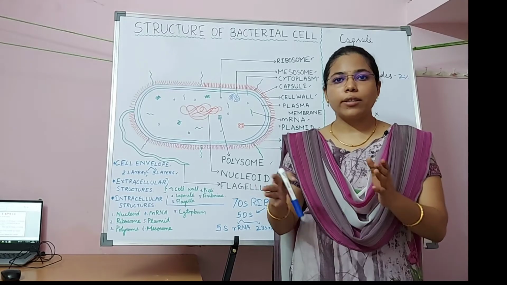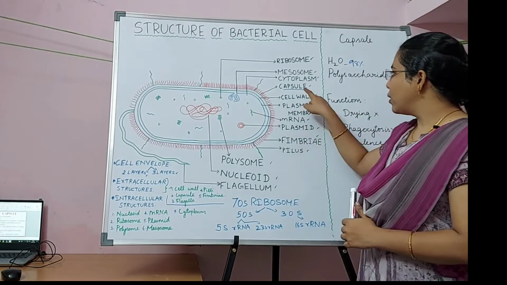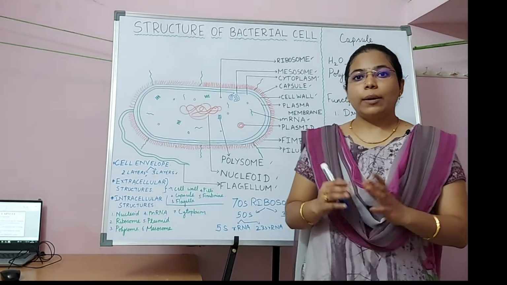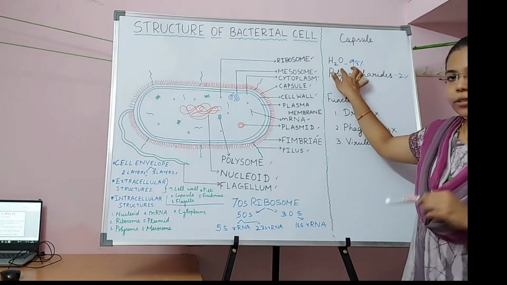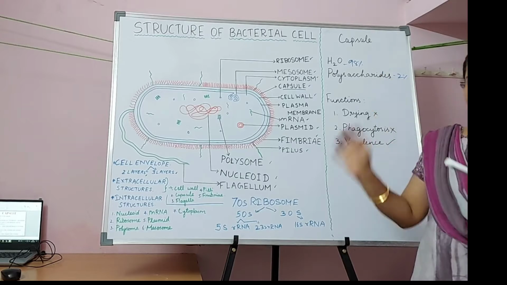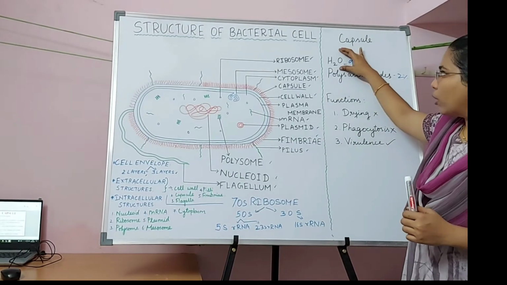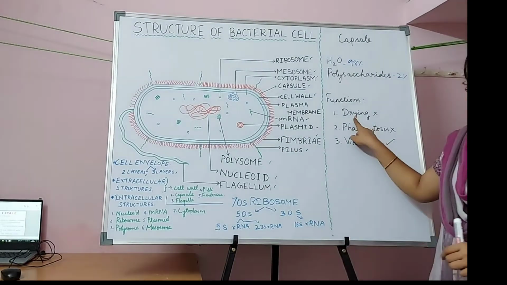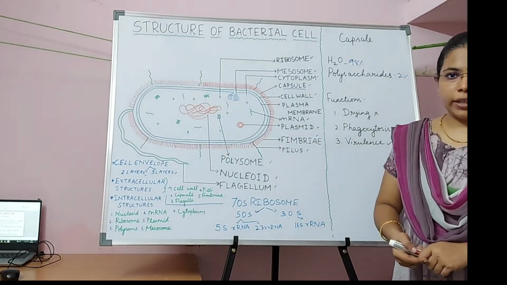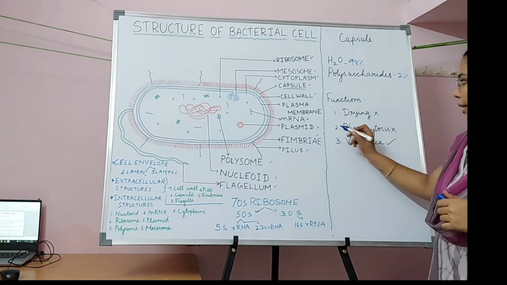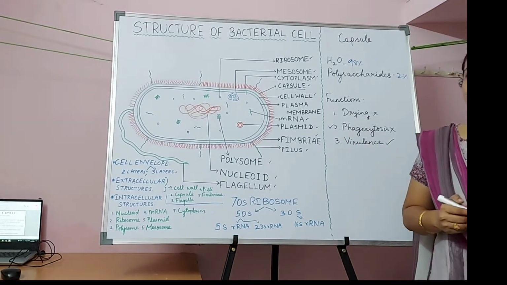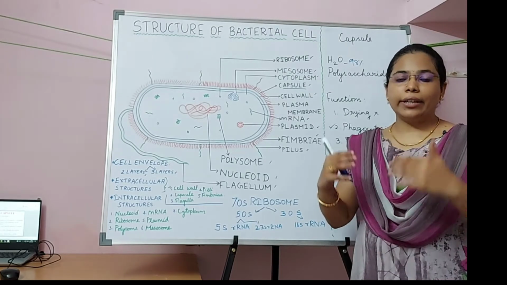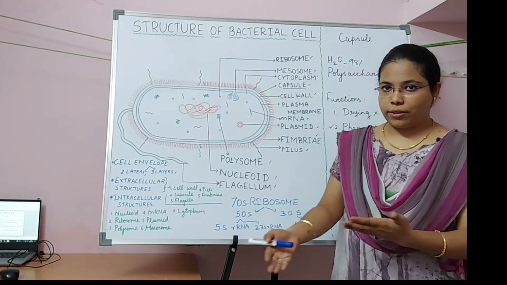And the next topic is capsule. Capsule is the third protective layer that is covering the bacteria. Capsule is made up of 98% of water and 2% of polysaccharide. Since it has more amount of water, it helps the bacteria to resist drying. It also helps the bacteria to escape the process of phagocytosis. Phagocytosis is a process by which WBC will engulf the bacteria and digest it.